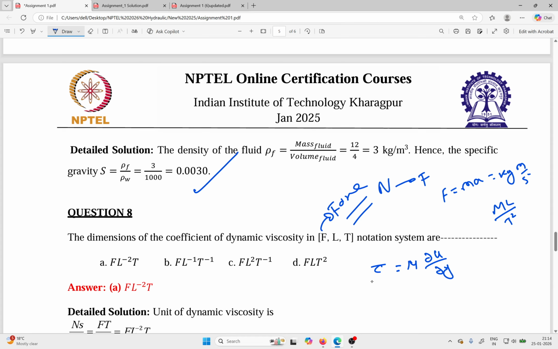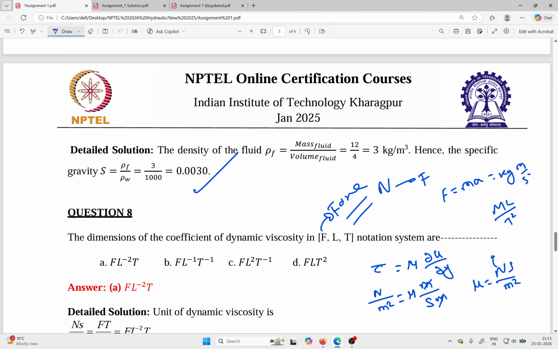So tau is force by area, so Newton divided by meter square, mu, velocity meter per second, and this length, that is y, depth, so this is also meter. So meter will be cancelled out. So your mu unit will be Newton second per meter square.